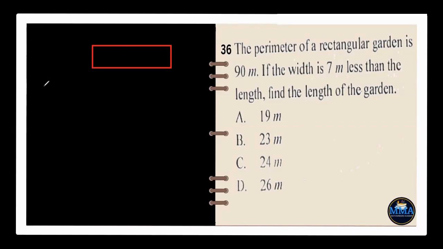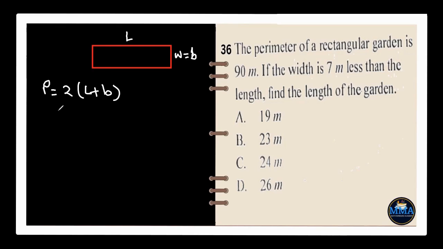That means perimeter is 2 bracket L plus B. So now this is length, and this is width, or the breadth, you can call it the breadth, whichever one.